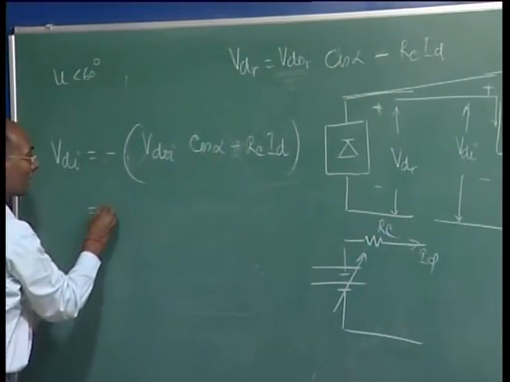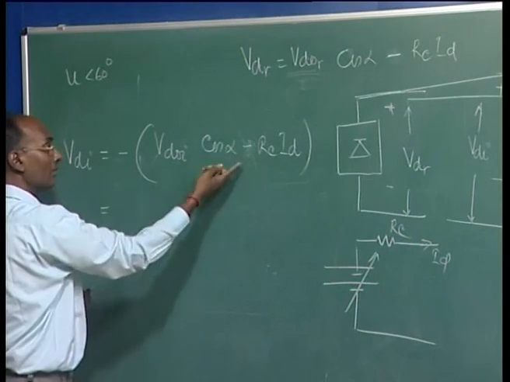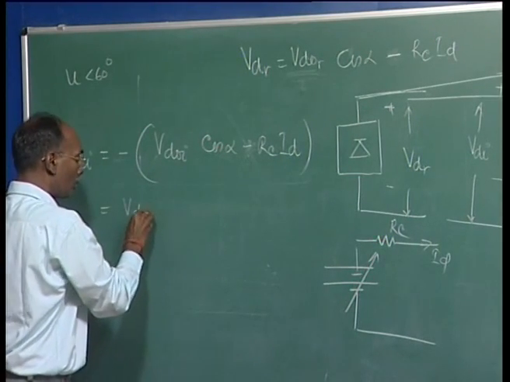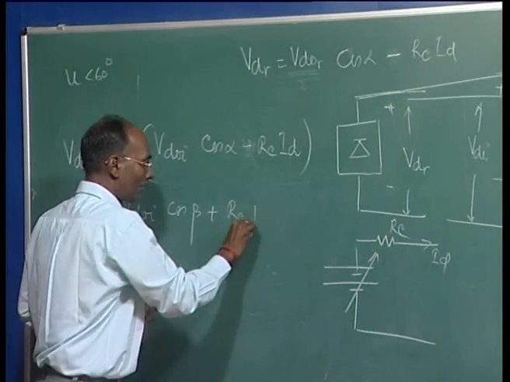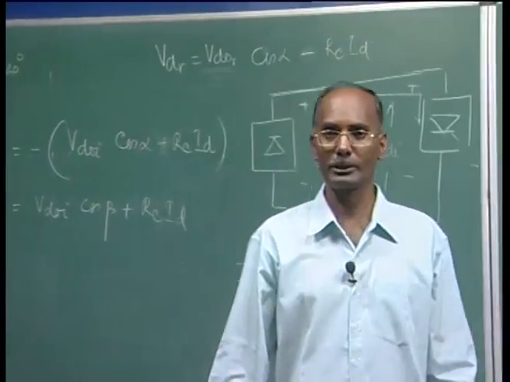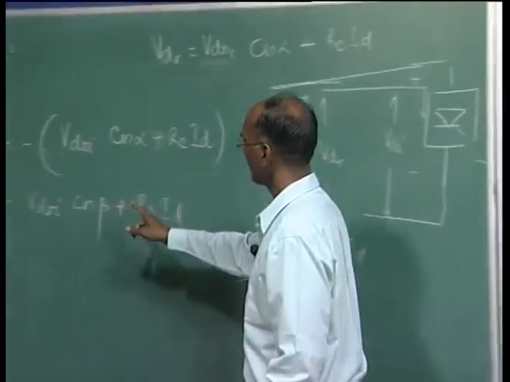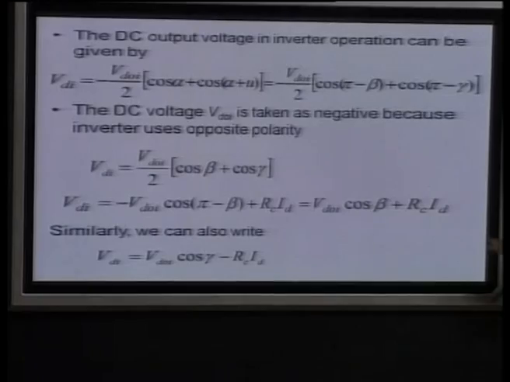Now, I can write here, I put this value pi minus beta, and then we can reverse here VDO I cos beta plus here RC ID, because your alpha is pi minus beta here, and then that value is negative, negative, so it becomes plus. So, that I have written here in terms of this.